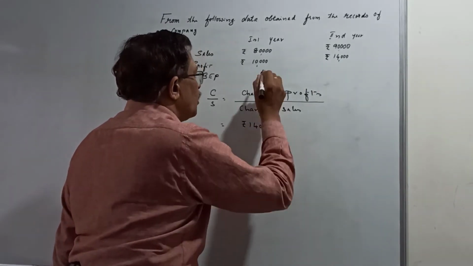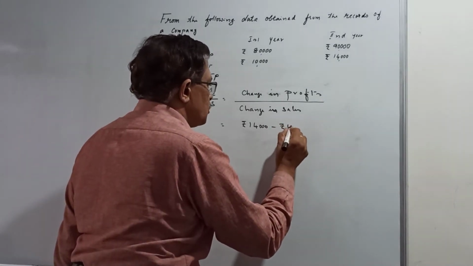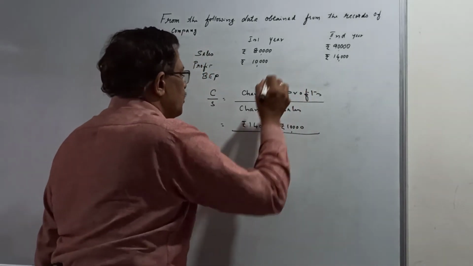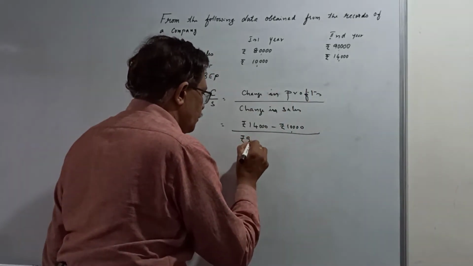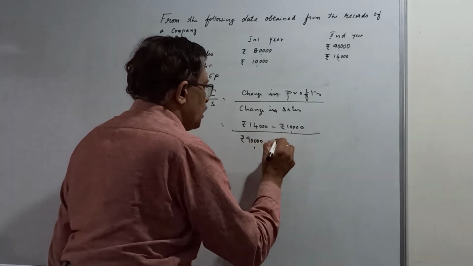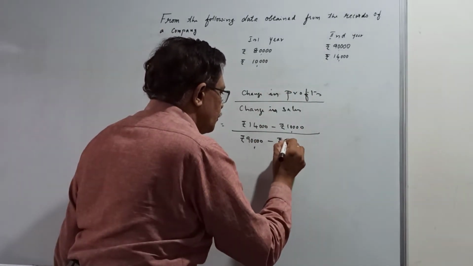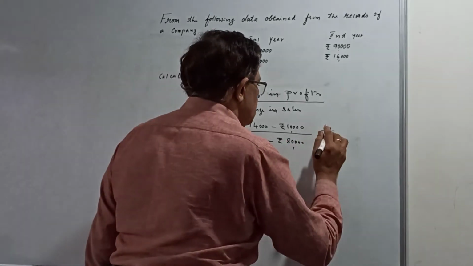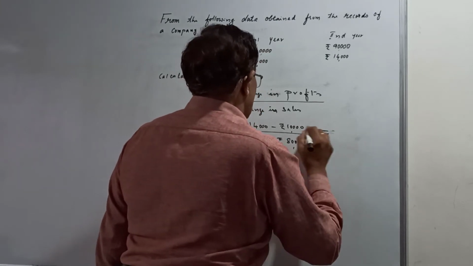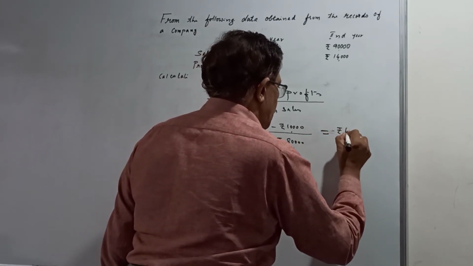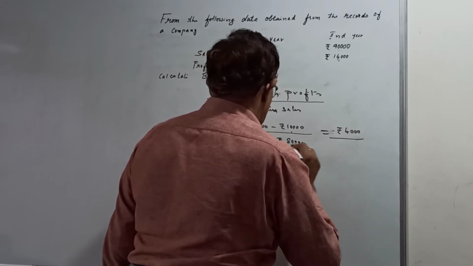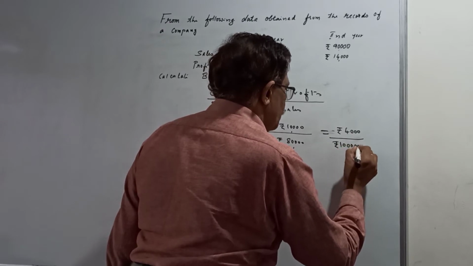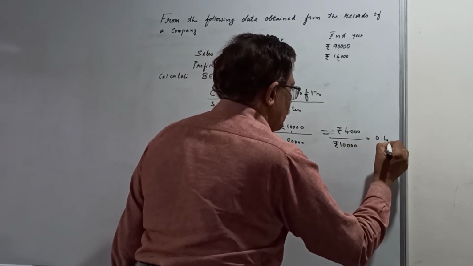In the first year we got a profit of rupees 10,000. So the change is 4,000 here. And the change in sales is 90,000 minus 80,000. So this gives us 4,000 divided by rupees 10,000, which is nothing but 0.4 or 40%.